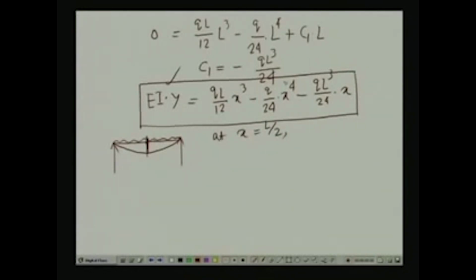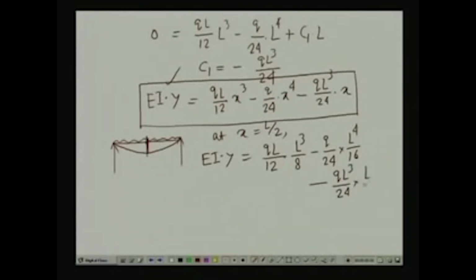So, E I y equals q L by 12 times L cube by 8 minus q by 24 times L 4 by 16 minus q L cube by 24 times L by 2.